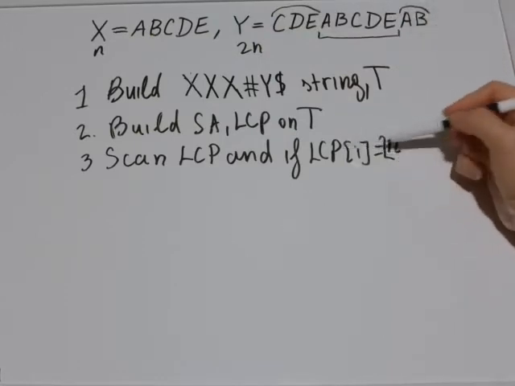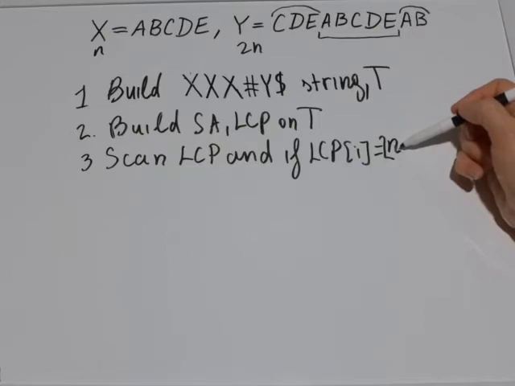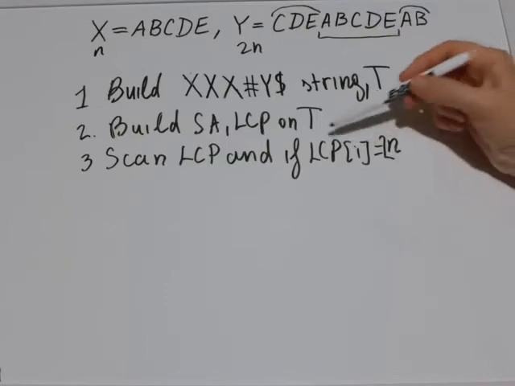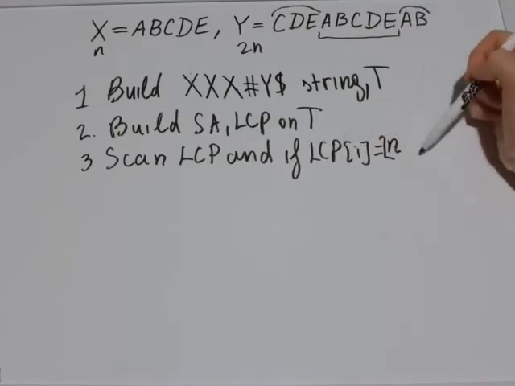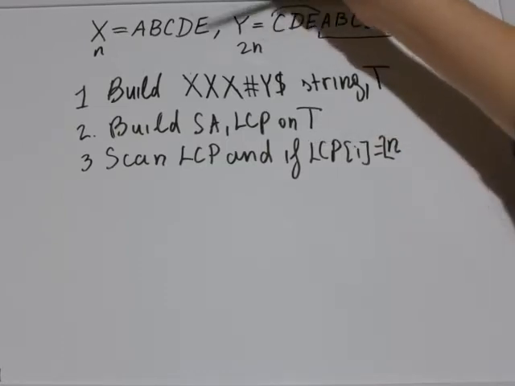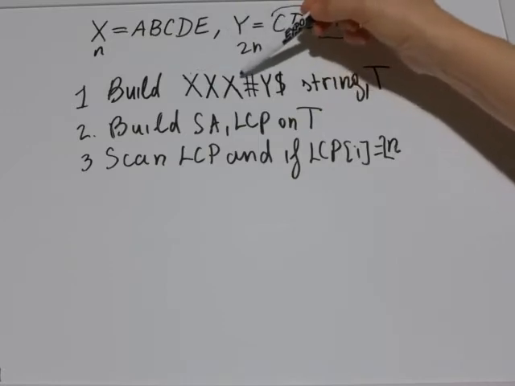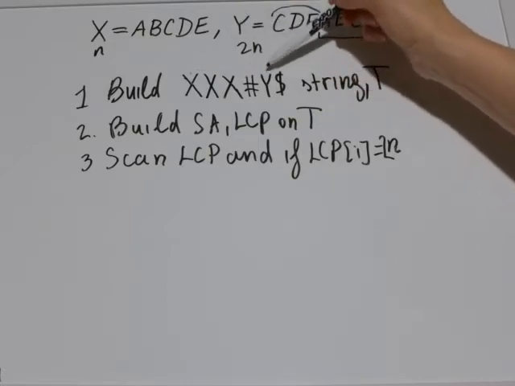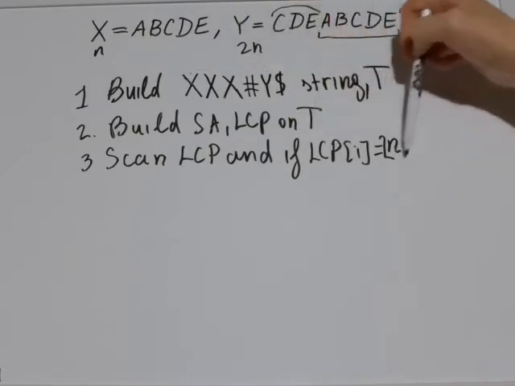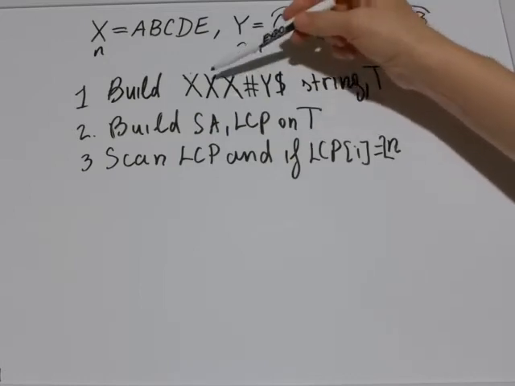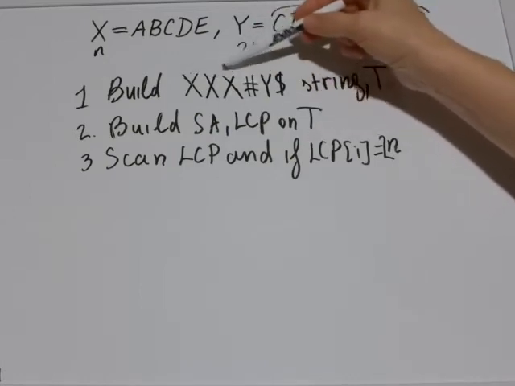So if LCP of i is equal to 2n, we also need to check whether these suffixes that have common prefix equal to 2n come from this string, xxx, and y string, because this can also be true for one of these strings.